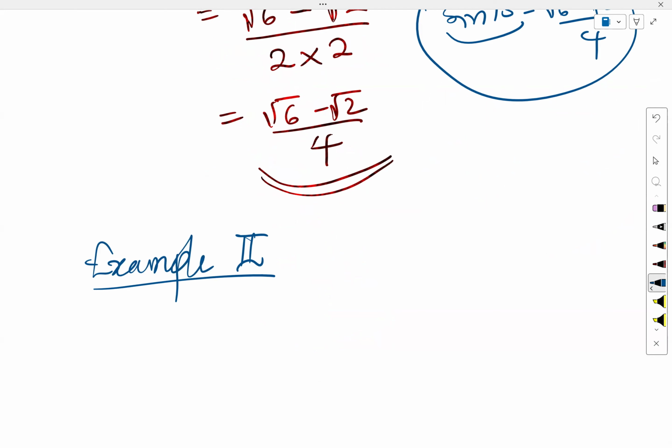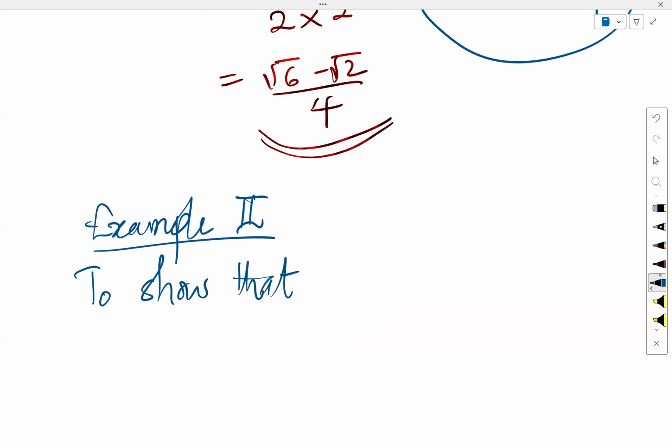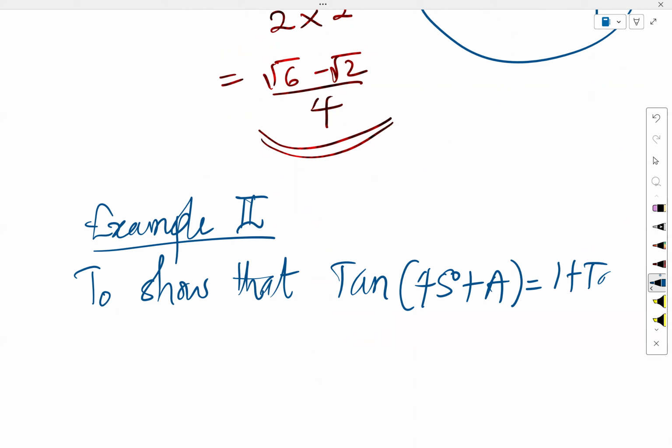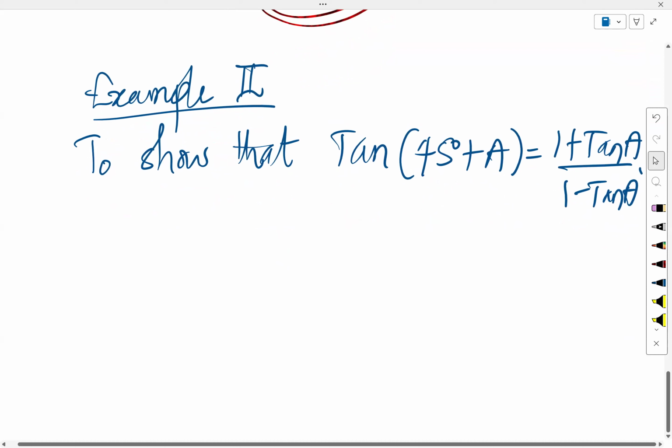So we want to show that tan of 45 degrees plus A is equal to 1 plus tan A over 1 minus tan A. So that's what we have to show next. In this case, it means you want to start from here and end up here.